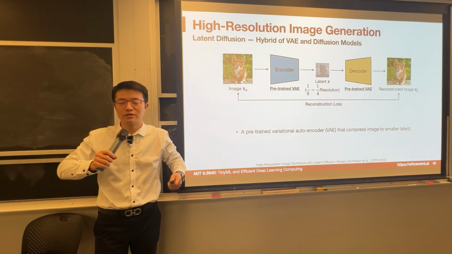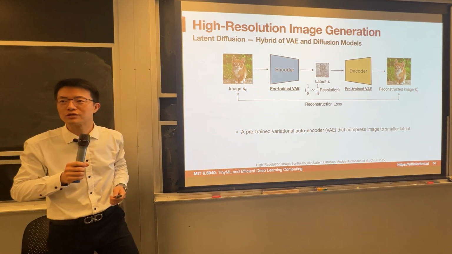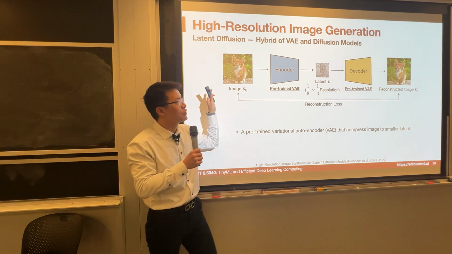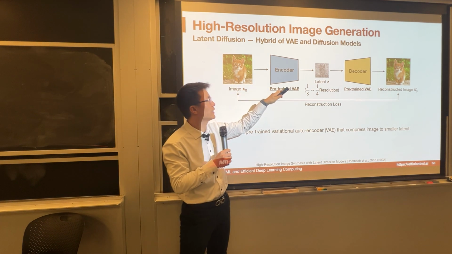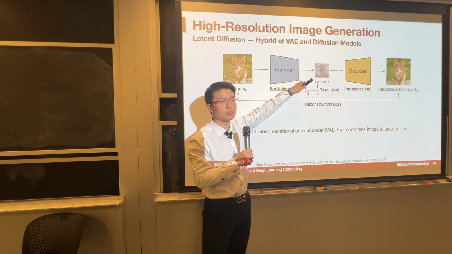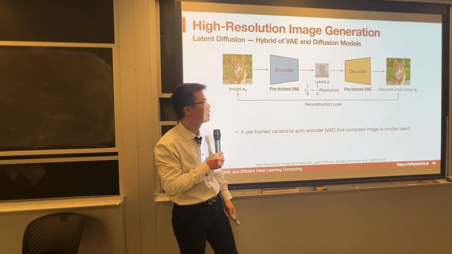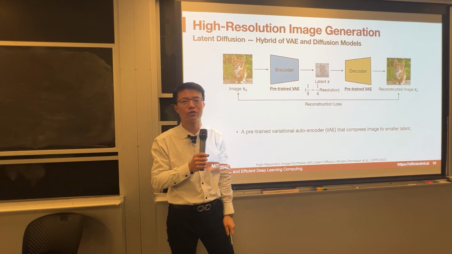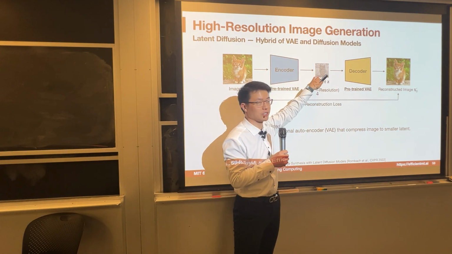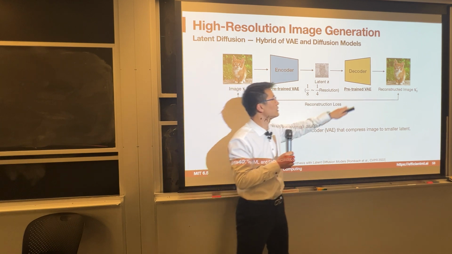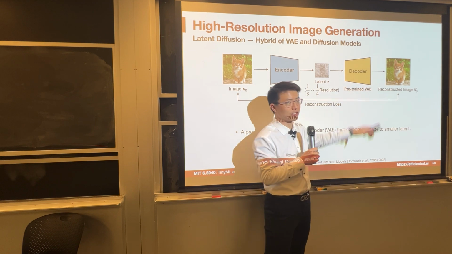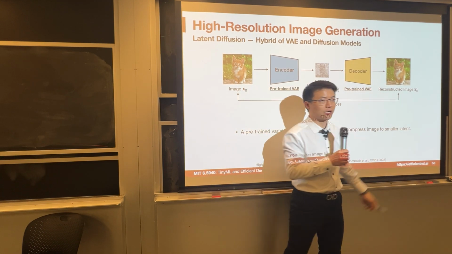So when we have a high resolution, how do we generate a pretty high resolution image without incurring a lot of compute? We first pass the image into a pre-trained variational autoencoder to encode it into a latent space, which has much smaller resolution, like 1/4 or 1/8 of the resolution. Okay, and we run the diffusion process in the latent space, and then we use the other half of the variational autoencoder, the decoder part of it, to reconstruct the image.